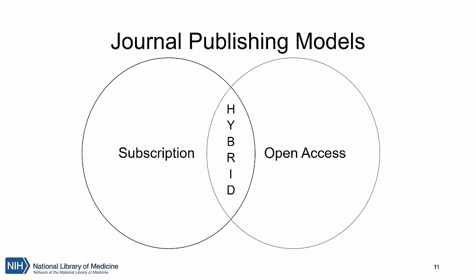And finally, a hybrid model is where the full contents of a journal requires subscription access, but individual articles may be made available under an open access license. All of these models come into play when we talk about PubMed.